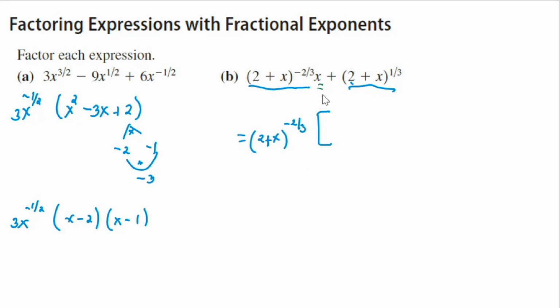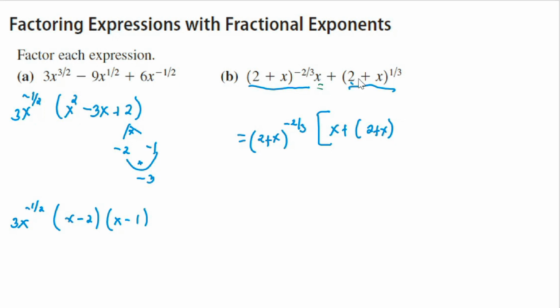The first term divided by this common monomial factor, the quotient is just x, plus the second term, 2 plus x raised to the power of 1/3 divided by 2 plus x to the power of negative 2/3. The bases are the same, so copy the base first, 2 plus x, and then what should be the exponent?